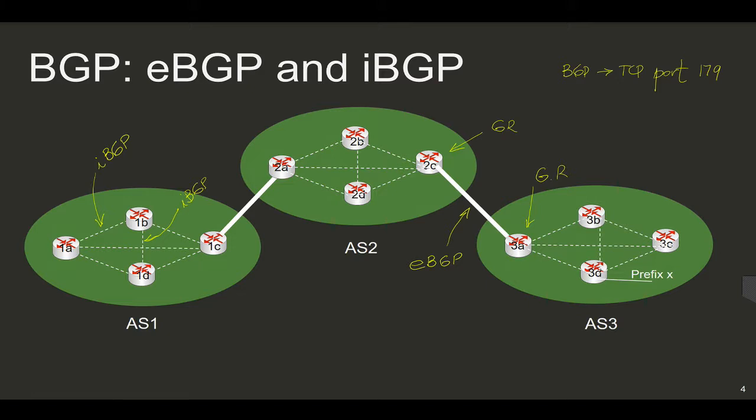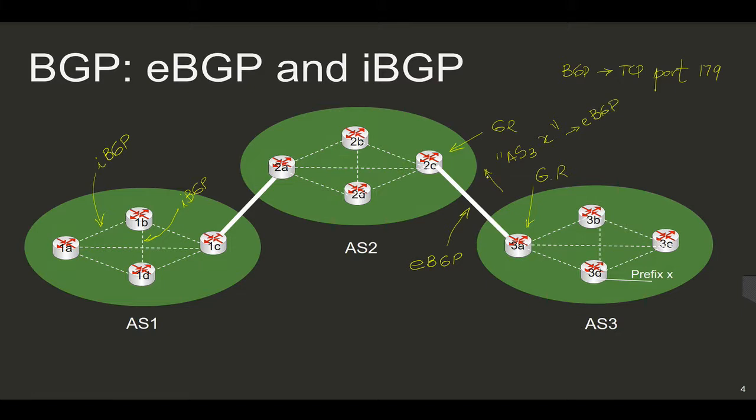Now, with this terminology of eBGP and iBGP and gateway routers, we know that prefix X is going to be announced by 3A as, I am autonomous system 3 and I can reach X. This is going to travel over eBGP to autonomous system 2.